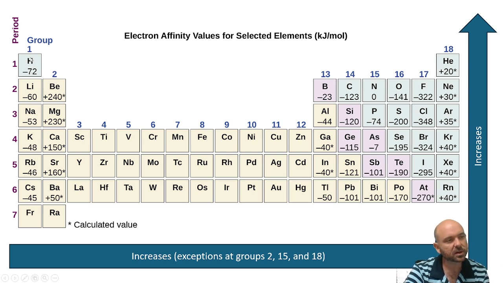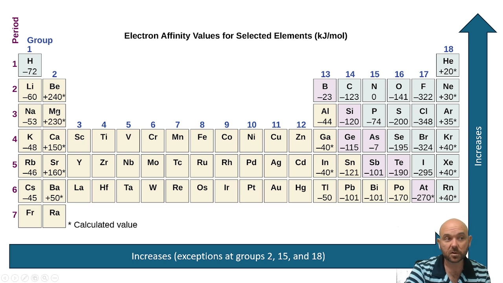The reason is that all of these have a half-filled s orbital. They only have 1 electron in their valence s orbital. When you add 1 electron to it, it fills the s orbital, and that is a very stable configuration. And so adding electrons to these atoms is an exothermic, stabilizing, energy-releasing process.